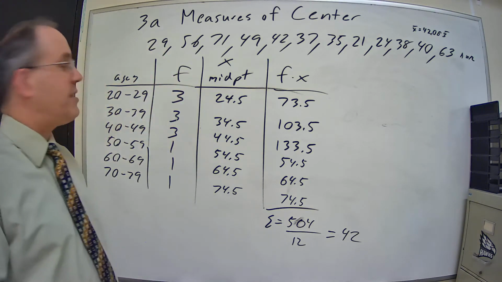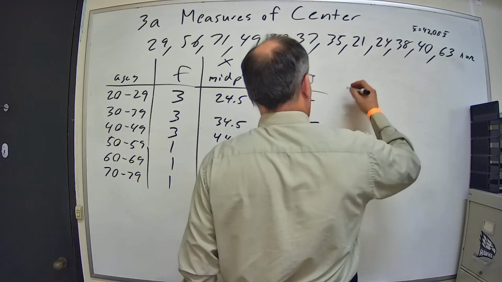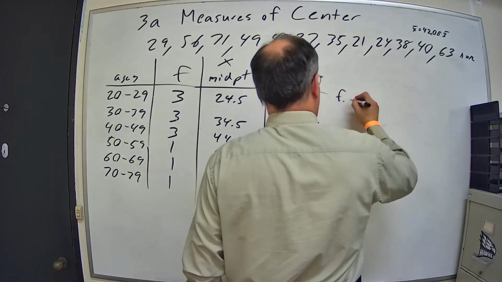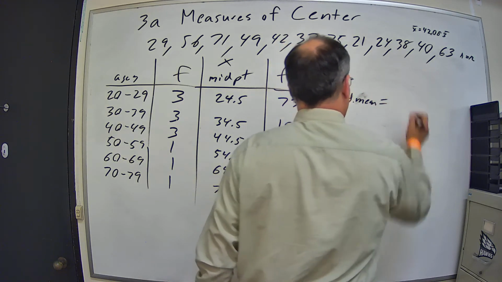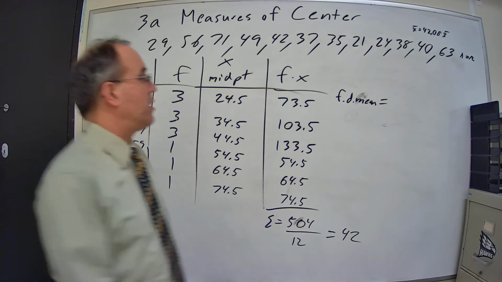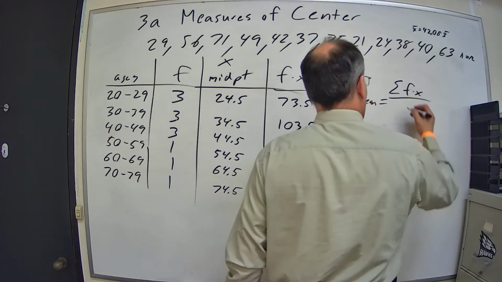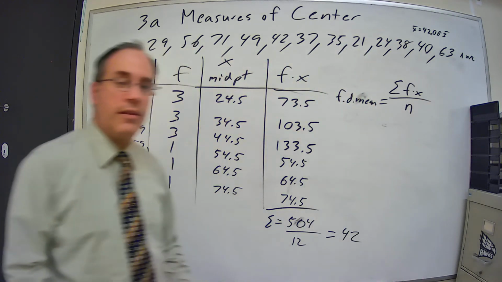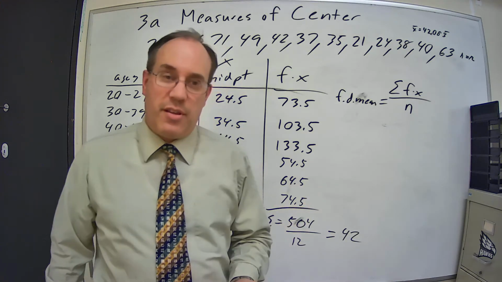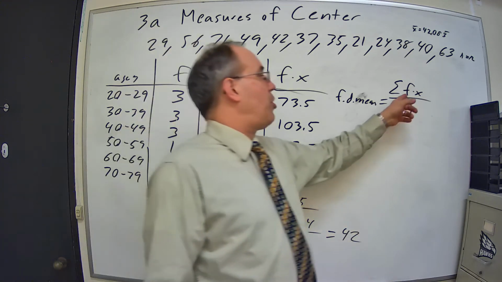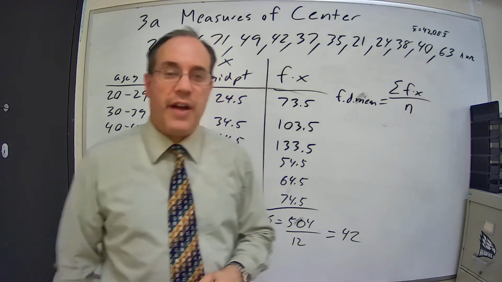Now, there officially is a formula for this, and you say that the frequency distribution mean is equal to the sum of f times x over n. Now remember, this symbol means summation. That's just addition, which means you multiply f times x, then you add them up, and then you divide by n.